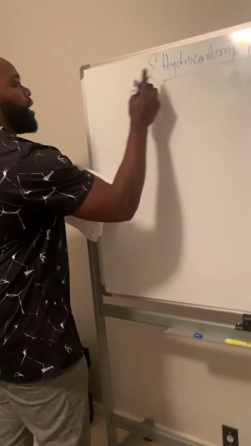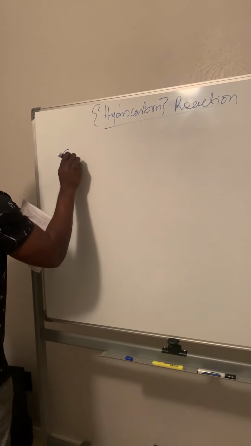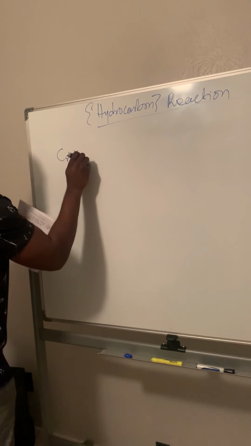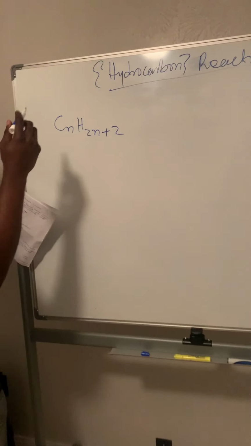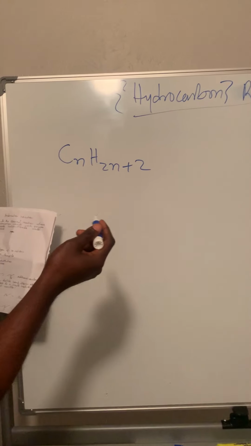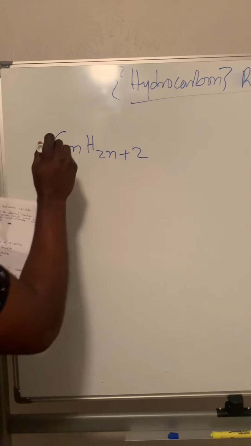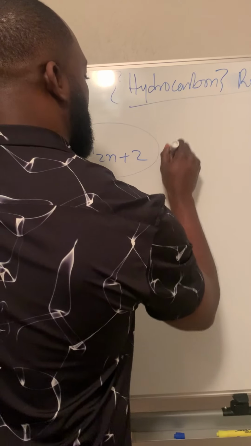The general formula for hydrocarbon is CnH2n+2.